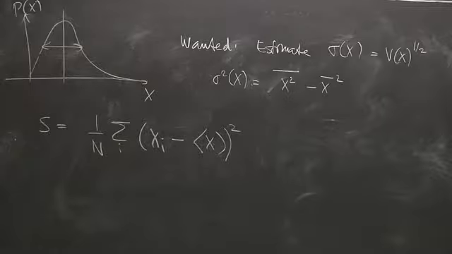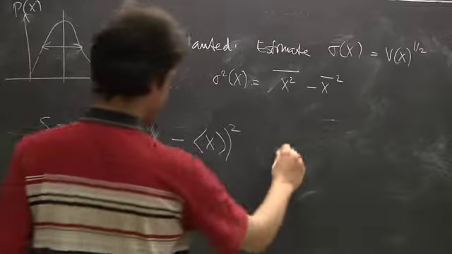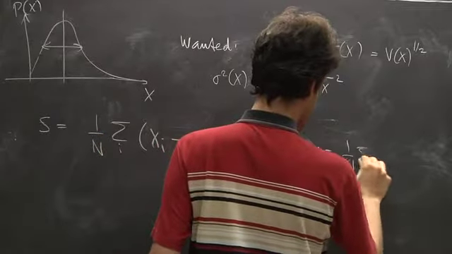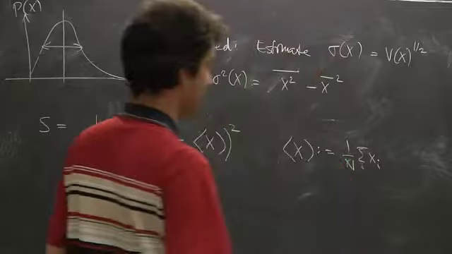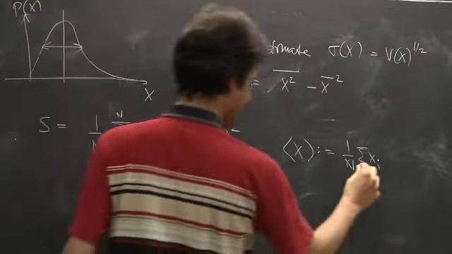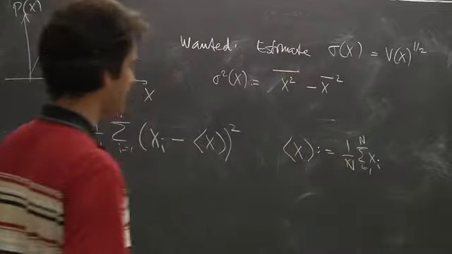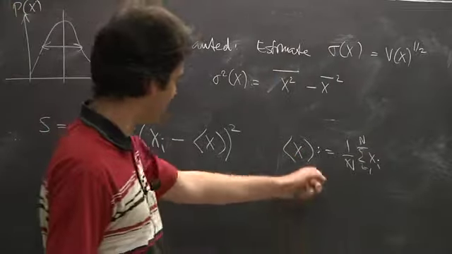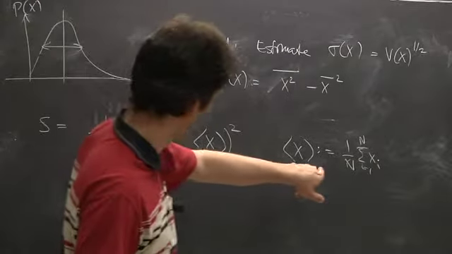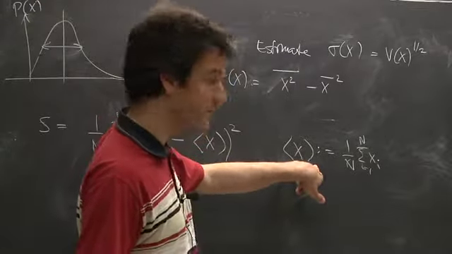Sounds plausible, no? So here x is again defined by the average of the sampled values. So this goes from 1 to n. Okay, so I take n measurements. I calculate this object. I calculate the fluctuations around the mean of the sampled values.